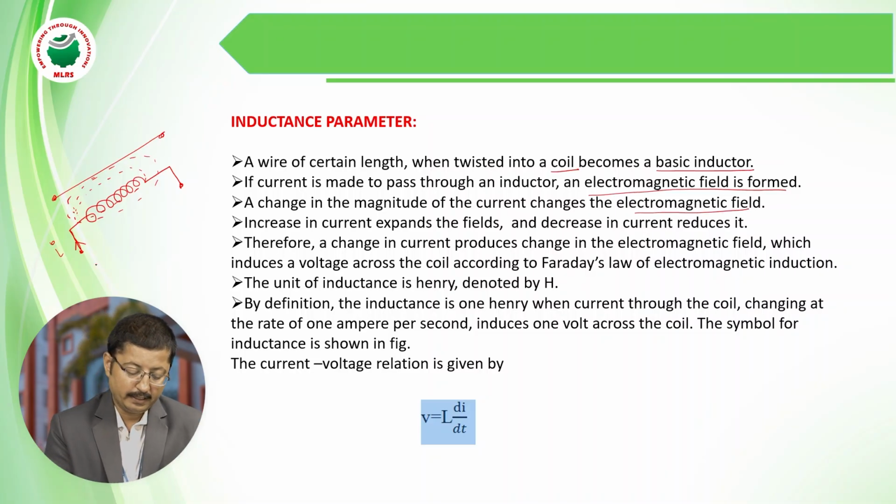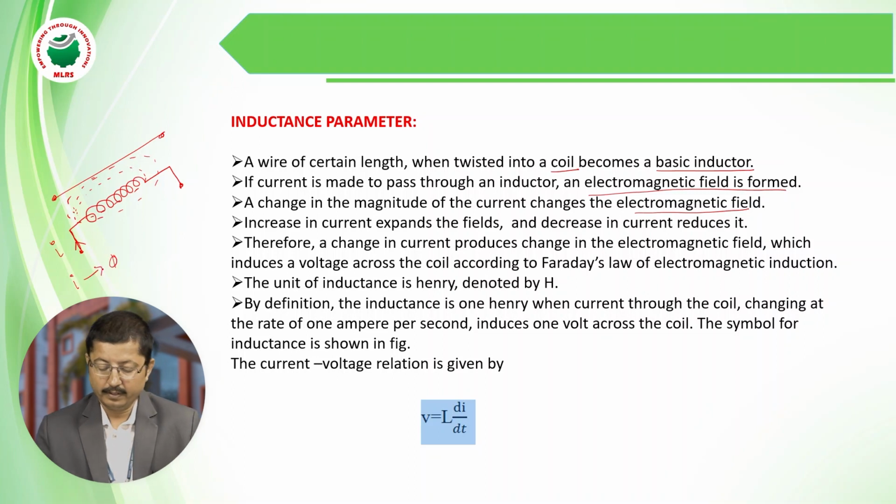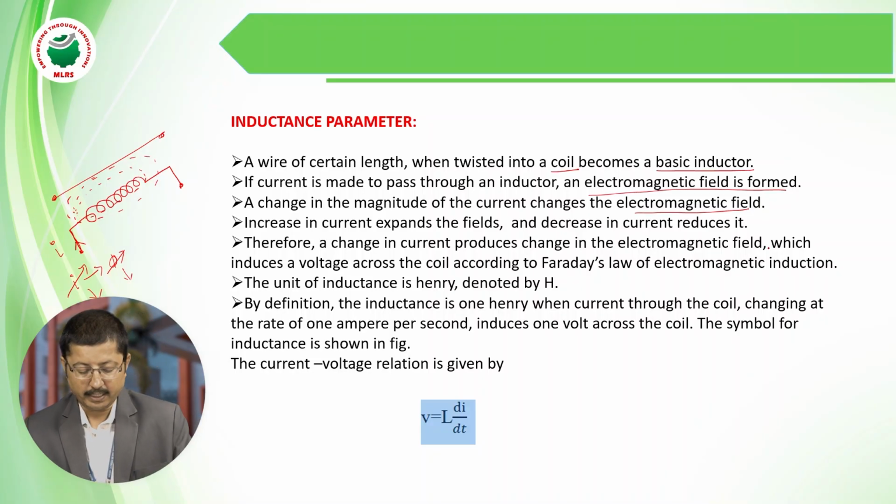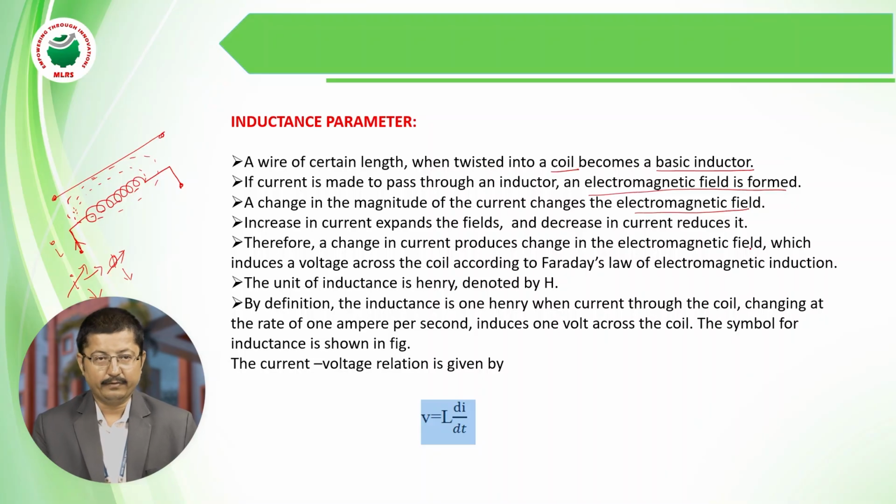That is, the electromagnetic flux will also change. Increasing the current expands the magnetic field, and decreasing the current reduces the electromagnetic field. Therefore, a change in current produces a change in electromagnetic field.